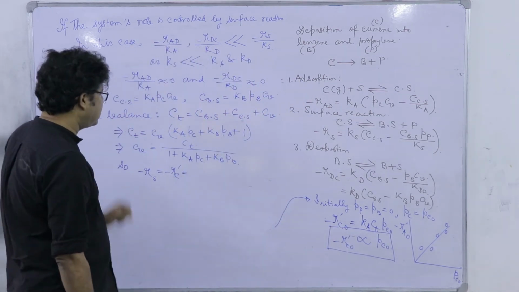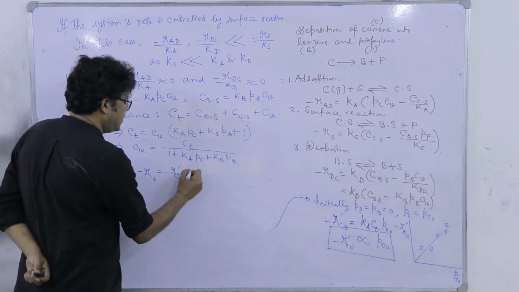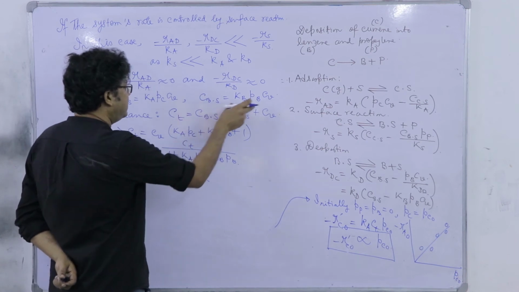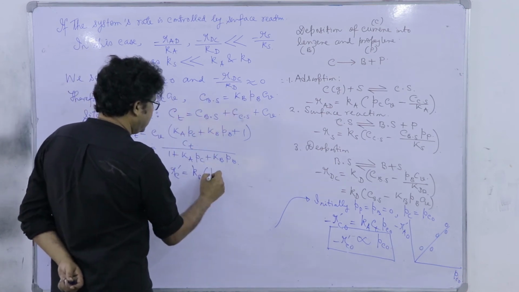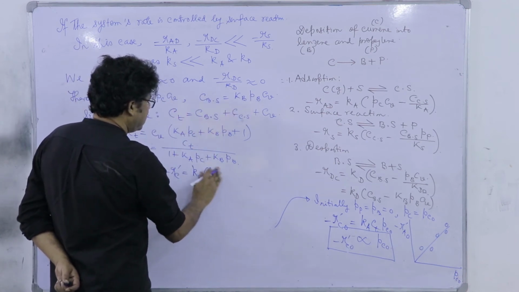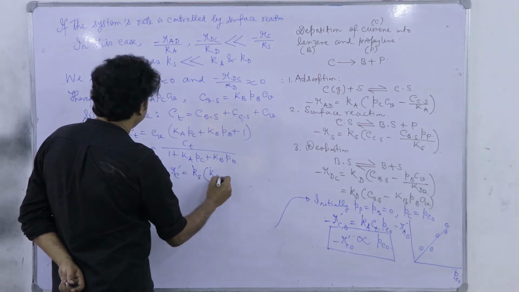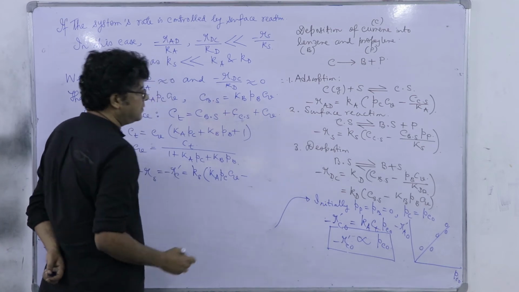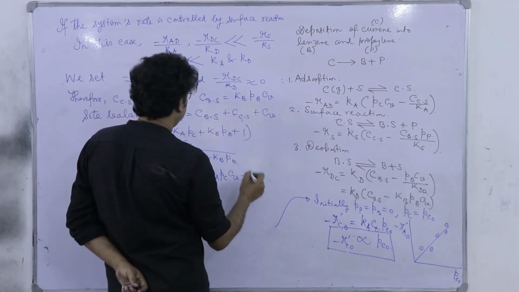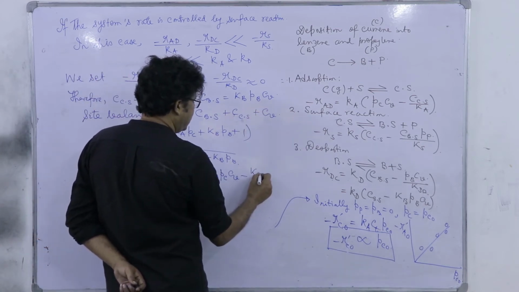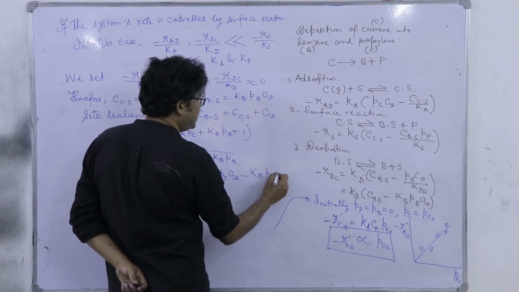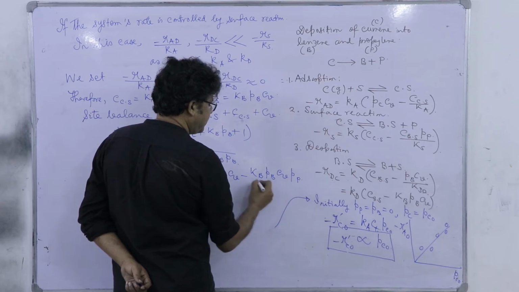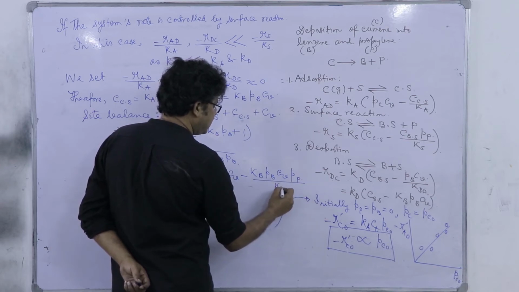So, minus of Rc prime equal to Ks Cc·S. Cc·S we have found to be capital Ka into Pc into Cv minus Kb into Pb into Cv into Pp by Ks.